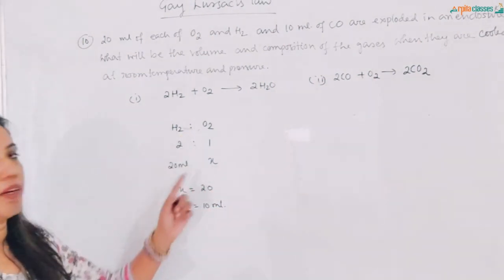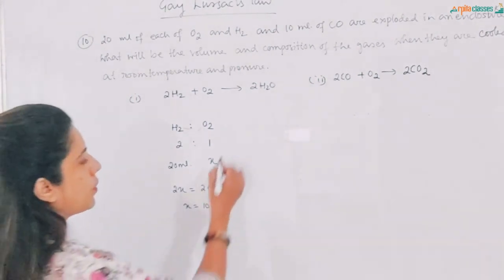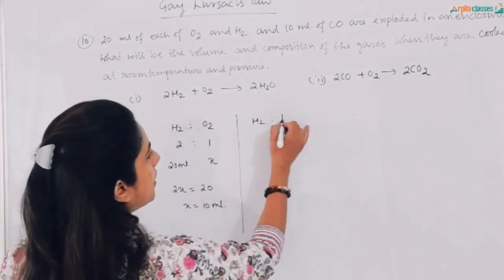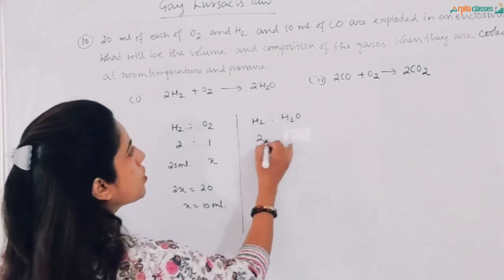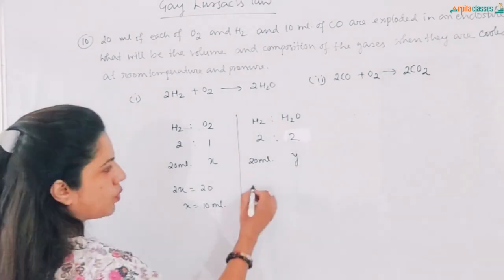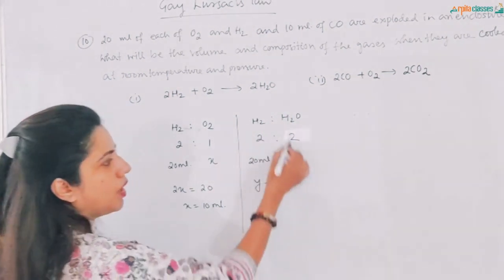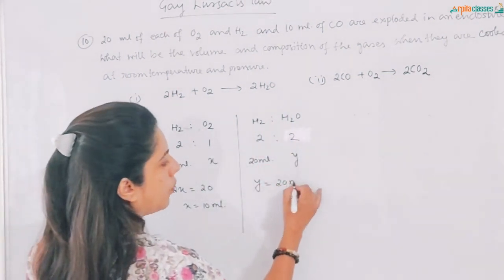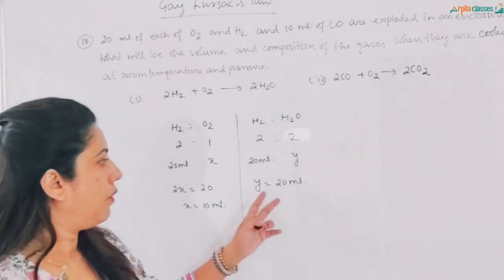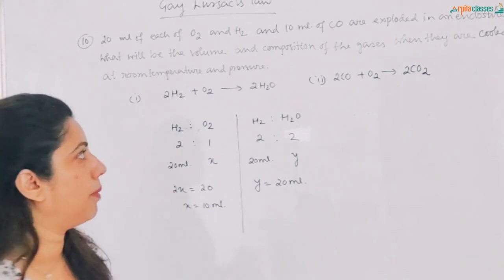That means only 10 milliliter of oxygen will be reacting in this case. Now, how much water vapor will be produced? We can take the ratio between H2 and H2O. It is 2:2. So if this is 20 milliliter, very clearly this is also 20 milliliter. So Y is equal to, we can cross multiply, and we get 20 milliliter of water vapor. So once we cool down the reaction mixture, we will be getting 20 milliliter of water vapor as well.